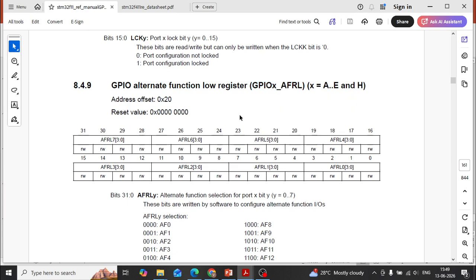Like this, user manuals play a very important role in understanding your microcontroller architecture and its register descriptions.